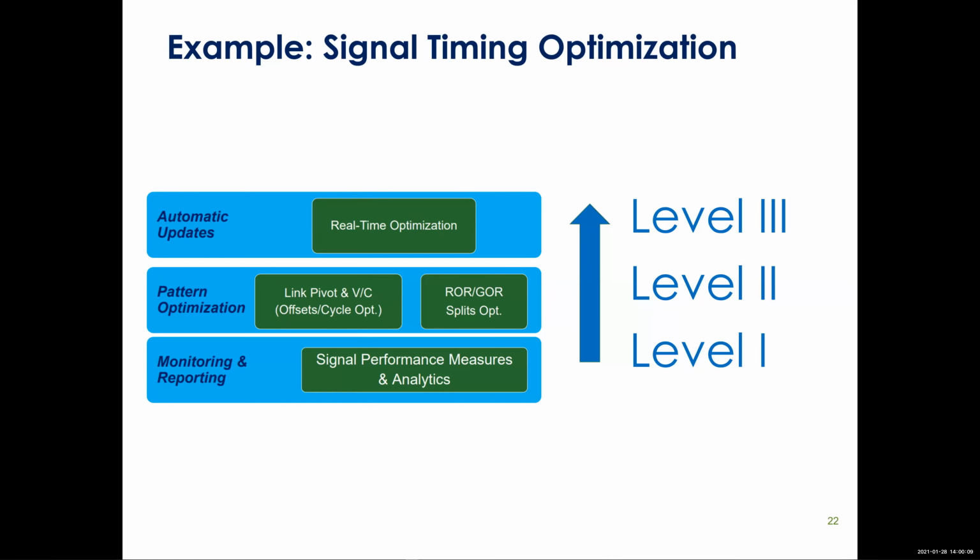Once we saw the data coming in, we put that through the algorithms. We have what's called a pattern optimizer, and it will actually go out and analyze about a week's worth of data. It'll run it through the link pivot analysis and come up with new coordination timings for each intersection.